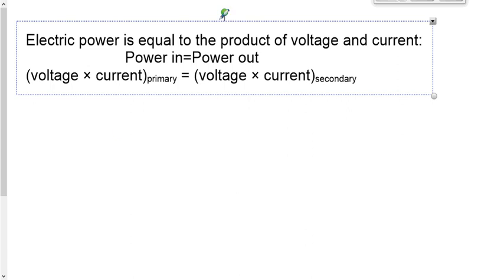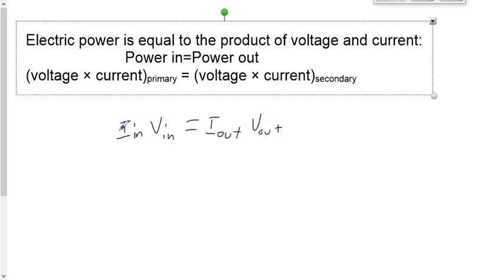So electrical power is equal to the product of voltage and current, meaning that it's P equals IV. And keep in mind that power in is equal to power out. So voltage times current on the primary side equals the voltage times current of the secondary side. That means the current in times the voltage in equals the current out times the voltage out.